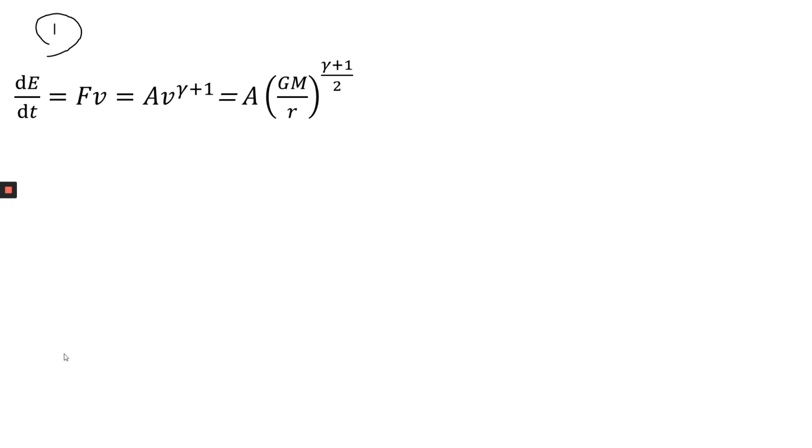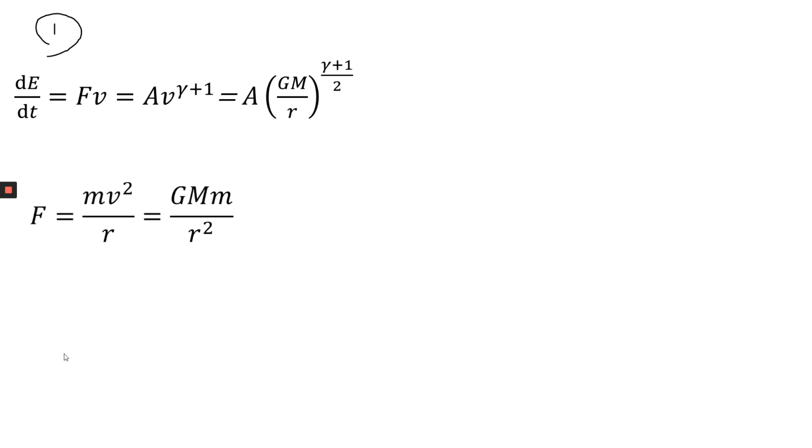So dE/dt is the power of this whole process, which is Fv, recalling the formula of power. What is F? F is this force, which is A v to the power gamma, and times v, we have A v to the power of gamma plus 1.